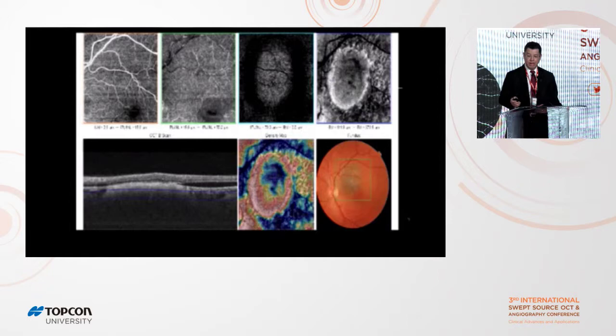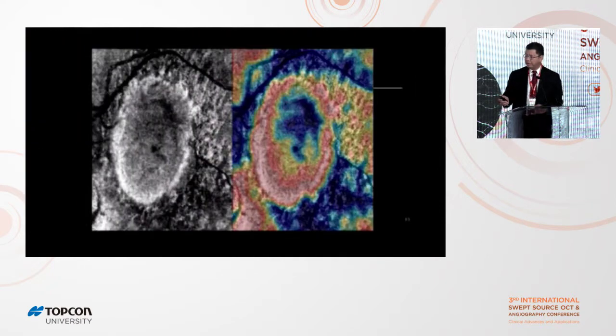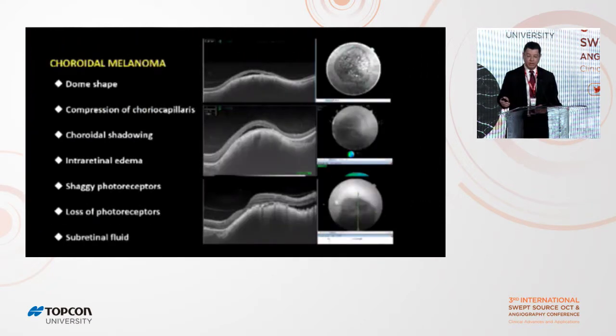This one, particularly, has subretinal fluid. This choroidal nevus has a hyper-reflective ring with some lack of reflectivity centrally. This is another example, a similar image.